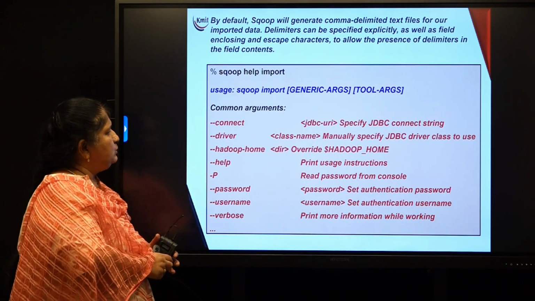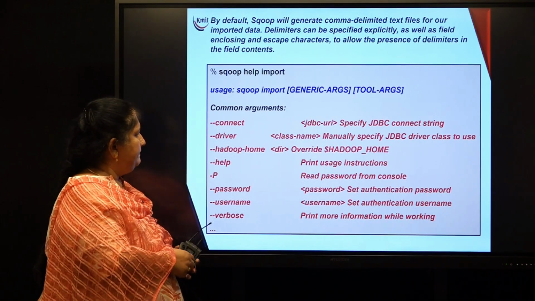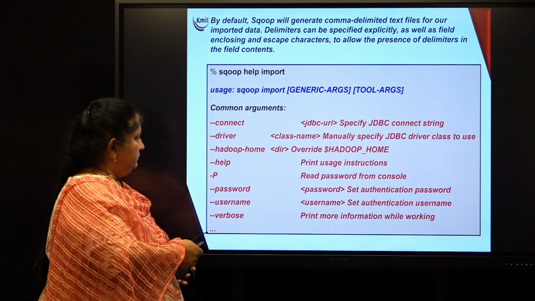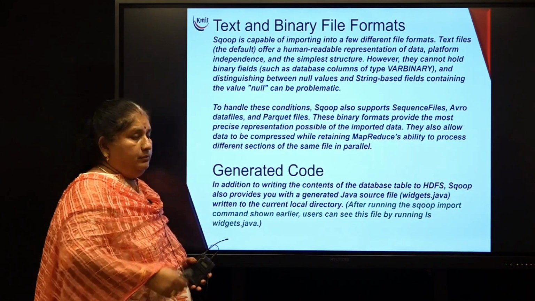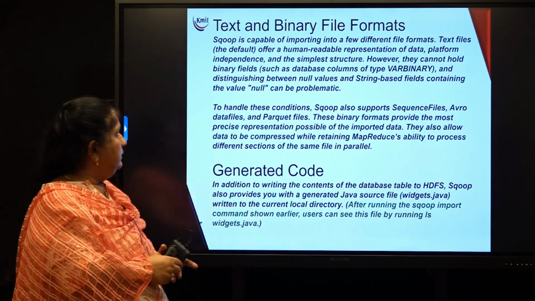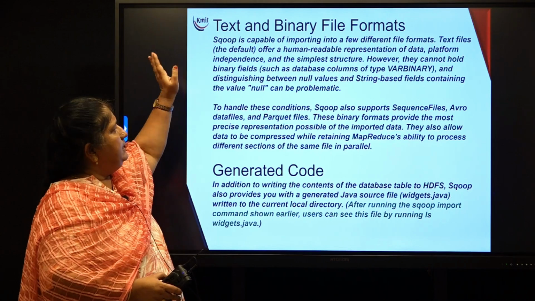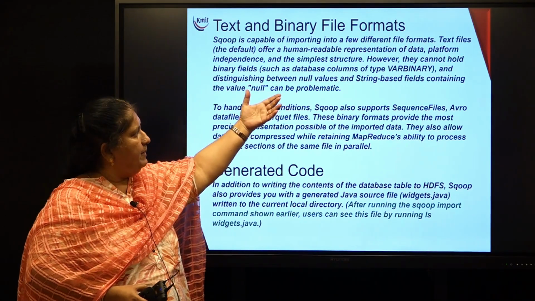Now to see this, Sqoop import, again I have given the syntax. As I told, it generates a text file, and Sqoop is capable of importing data into different file formats.